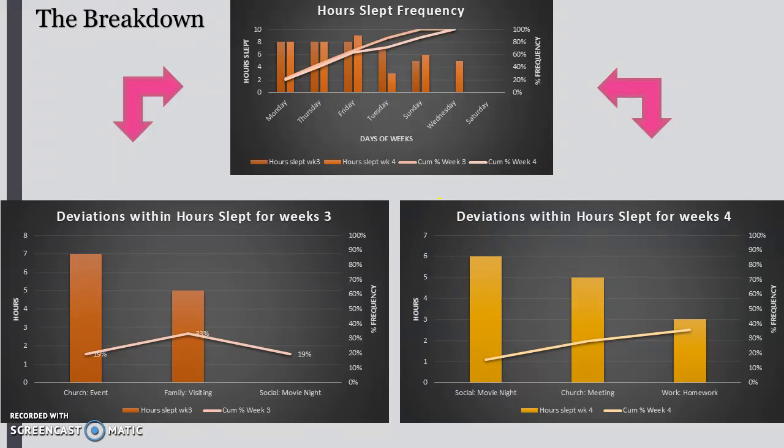And it's looking like my social and church commitments are the cause of why I wasn't able to achieve the 8 hours.